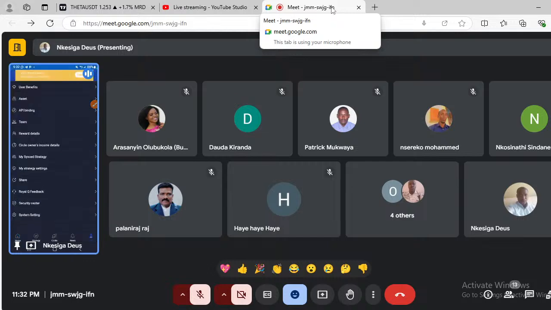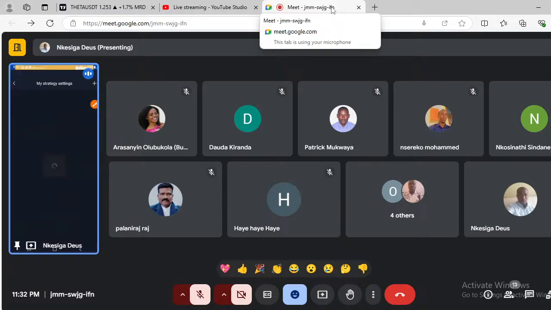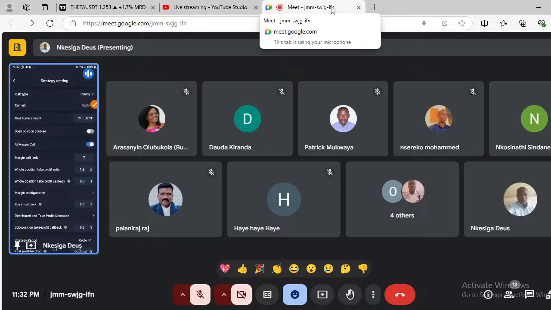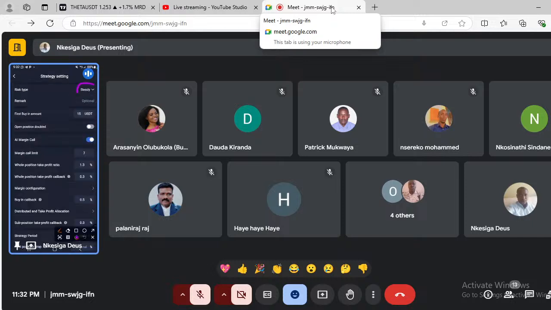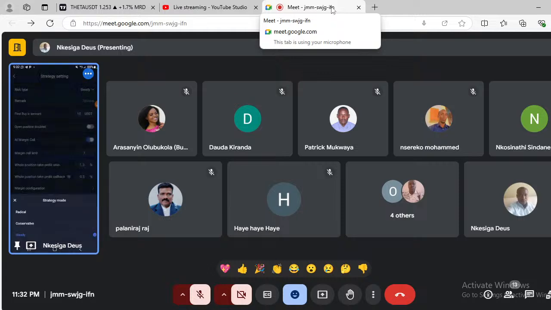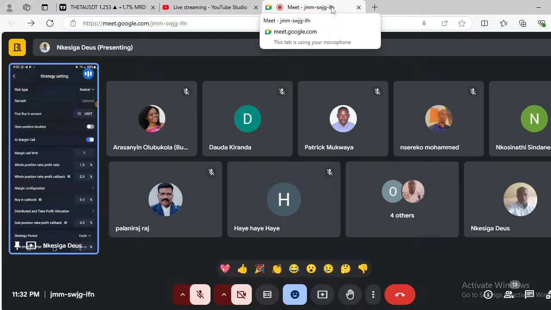We click on mine, then we come here on my strategy settings. Then we click on add, which is at the top here. When you click on add, change this steady to radical. Then here on remark, there is optional.